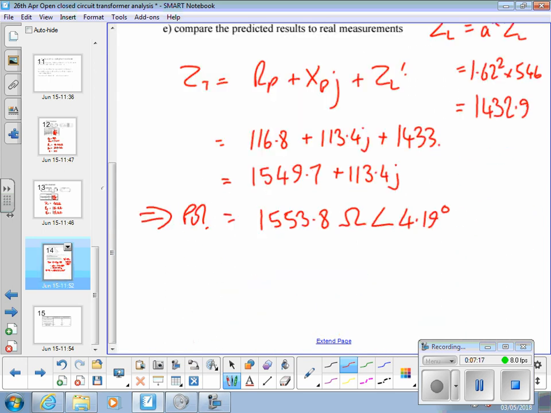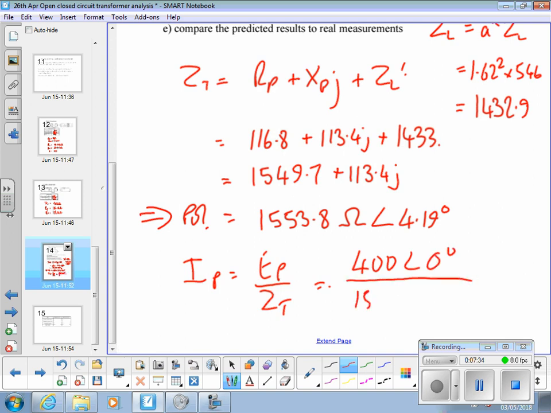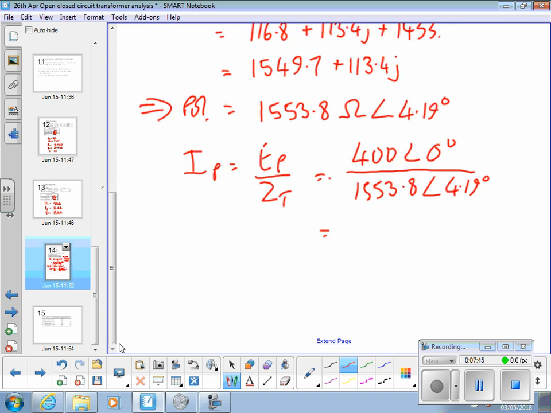Alright? Therefore, current equals 1553.8 angle 4.19 equals amps angle.